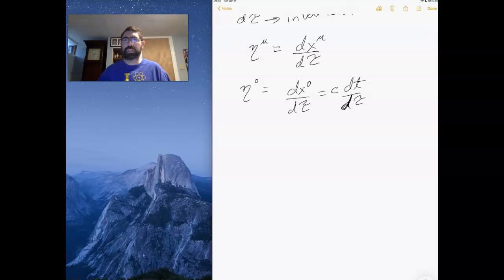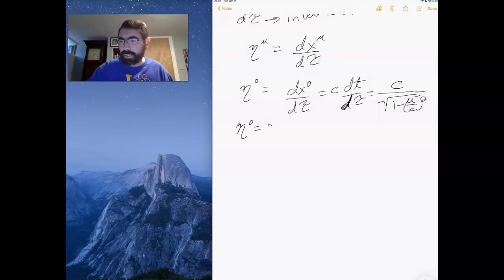Now I'm looking at the transformation from one to the other, and from our previous discussion, we wrote out c over the square root of 1 minus u over c quantity squared, or essentially gamma c.